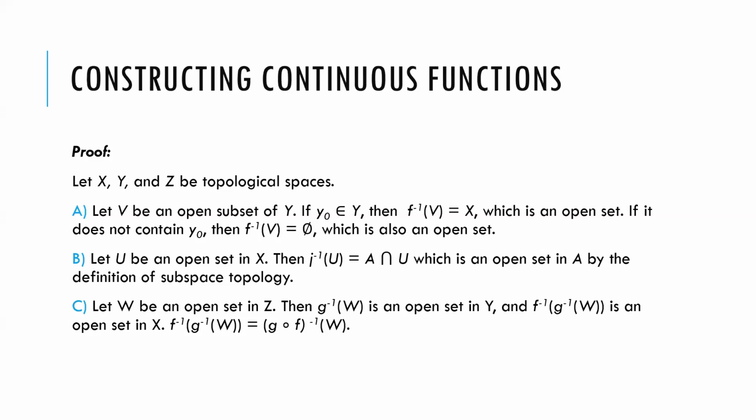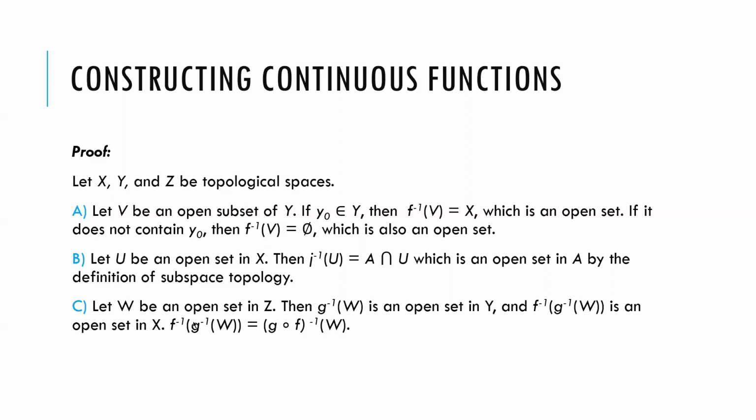So the point is that G inverse of W would be an open set in Y, and then F inverse of G inverse of W would be an open set in X by definition.